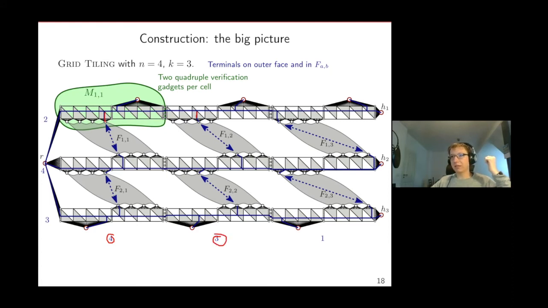And of course, I picked the number 4. I will somehow have to communicate it up and down. In the top gadget, I don't really need to communicate it up, but here I will need to communicate it down. So I will have again the choice number 4 here, but also symmetrically, I will have the choice number 4 in the flipped gadget.